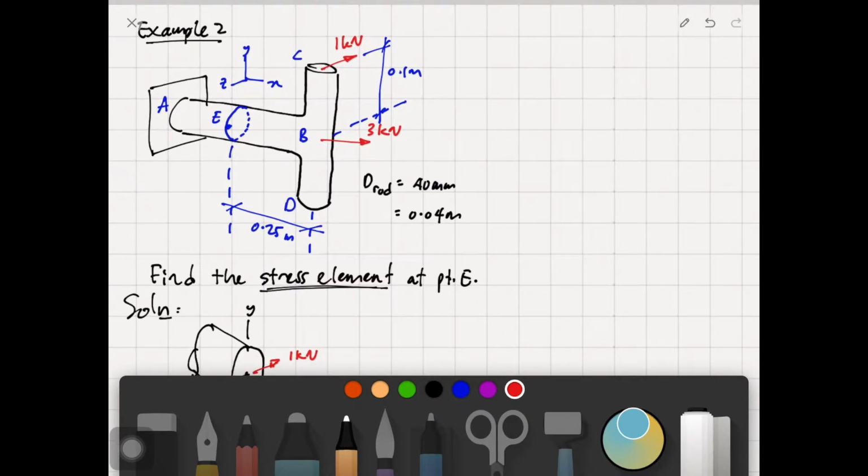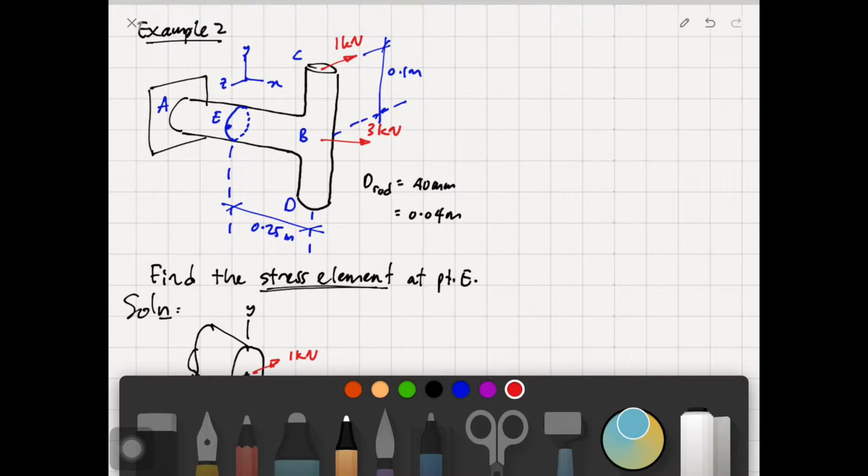If you can still recall in the chapter on torsion, we have the right hand rule, where your thumb shows the direction, and the rest of your fingers represent the rotation of the moment. In torsion, that is your torque. Now, this moment y, due to the 1 kilonewton, is going to rotate about the y-axis.